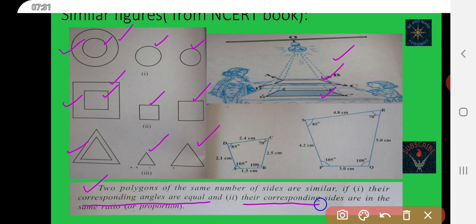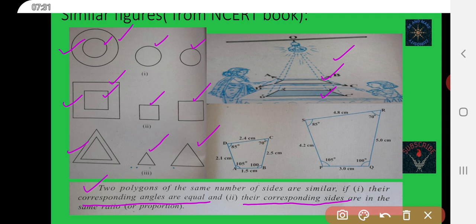The corresponding sides are in the same ratios, or the corresponding sides are proportional. If these two conditions are satisfied, then we can say two polygons are similar.